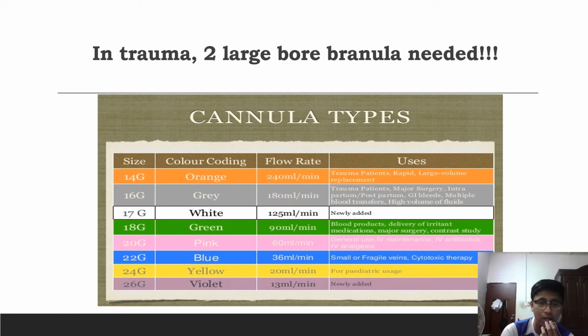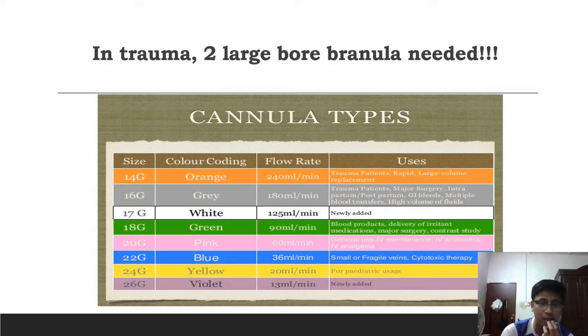Each cannula has a different color code. 14G is orange, 16G grey, 17G white, 18G green, 20G pink, 22G blue, 24G yellow, 26G violet.